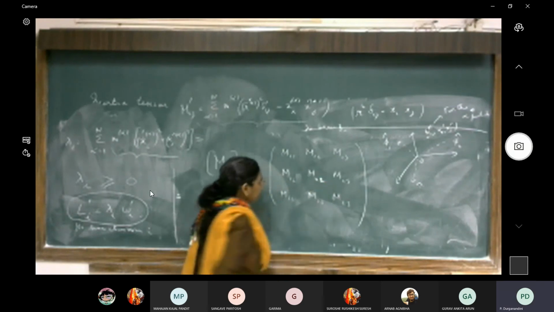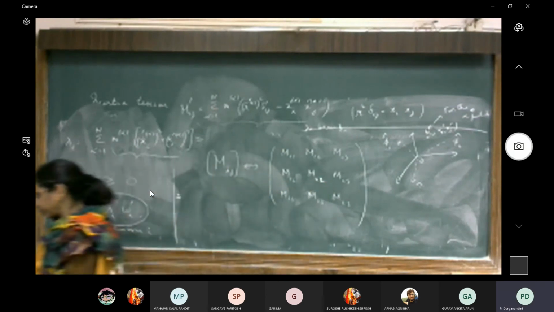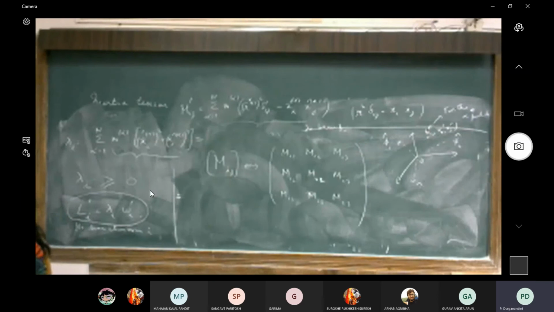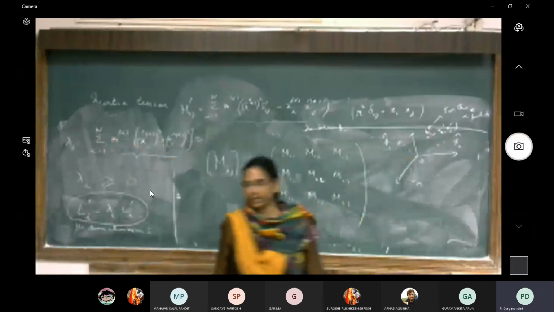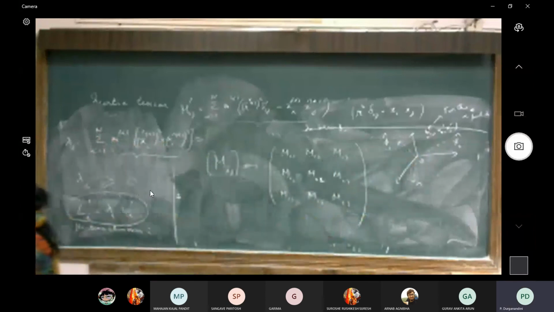And if I choose the principal axis basis, if I choose mutually perpendicular axes as my basis, in that case you will find that the diagonal elements simply correspond to the moments of inertia for the three mutually perpendicular axes, and we will get back our usual definition for the inertia.